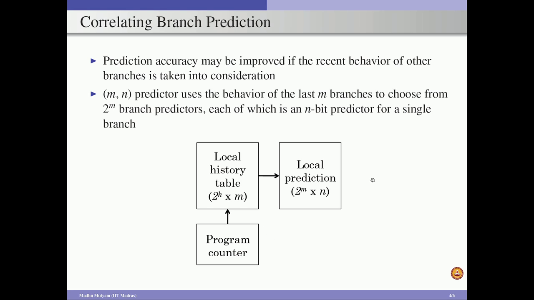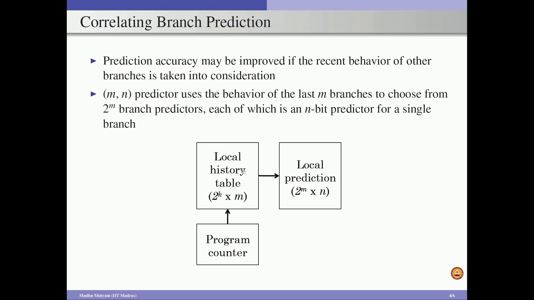Our prediction mechanism involves 2 levels. One is we accumulate the last m outcomes of this particular branch, or all the branches which have the same k bits indexed into this history table, and that gives us the history of the last m outcomes of all the branches which have the same k bits.